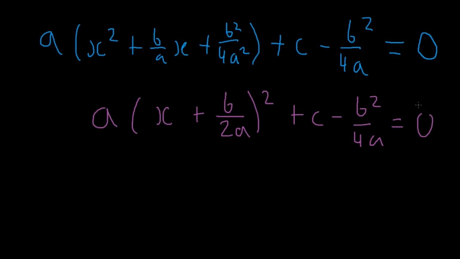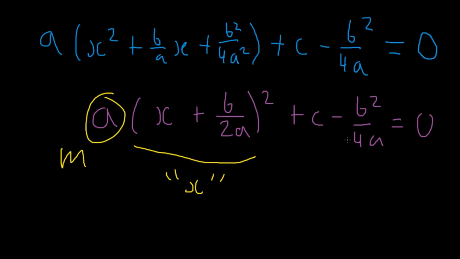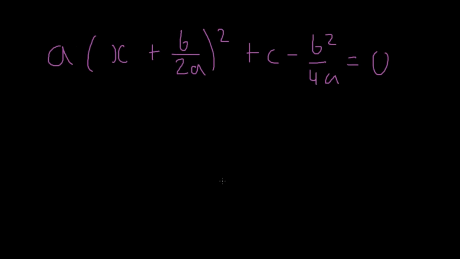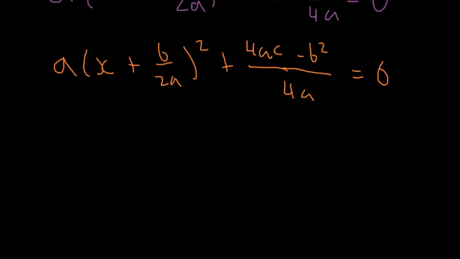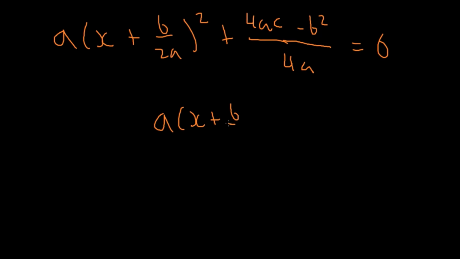To reveal the quadratic formula, all we have to do now is the same process we used for linear solutions. Subtract the constants from each side and bring it into one fraction to give a times x plus b over 2a squared equals b squared minus 4ac over 4a.